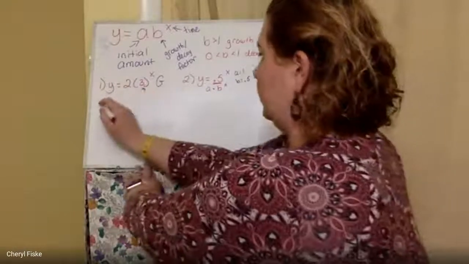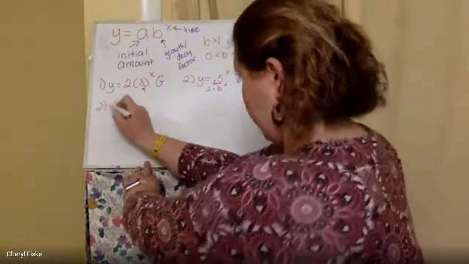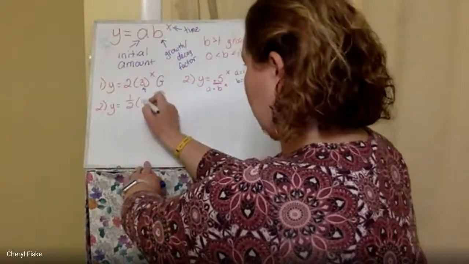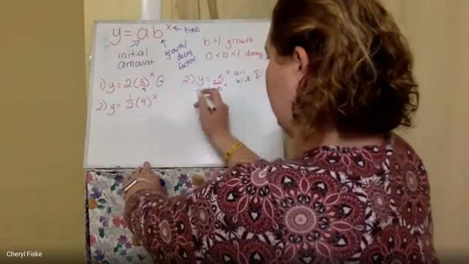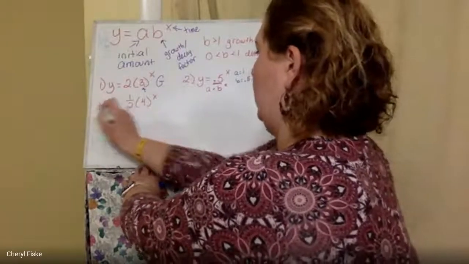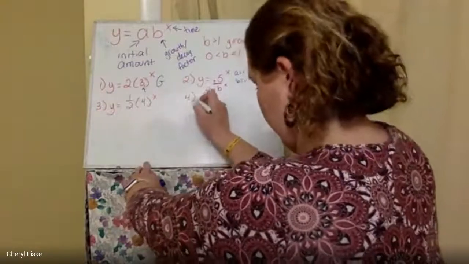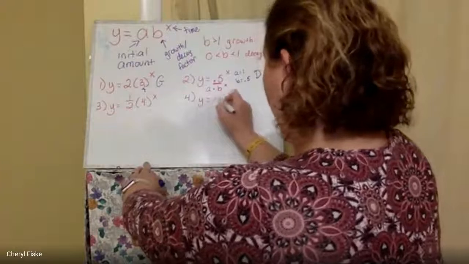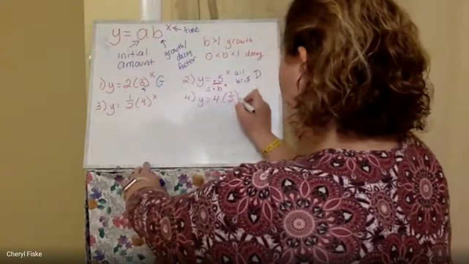Let's look at another one. Let's do y equals 1/2 times 4 to the x. That would be number 3. Let's do number 4. Y equals 4 times 1/2 to the x.